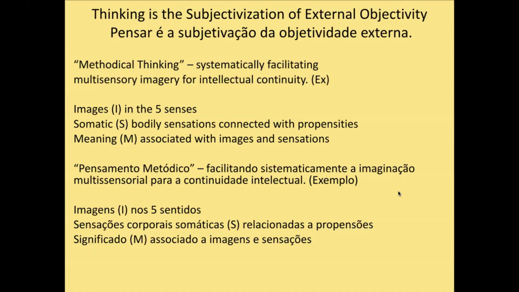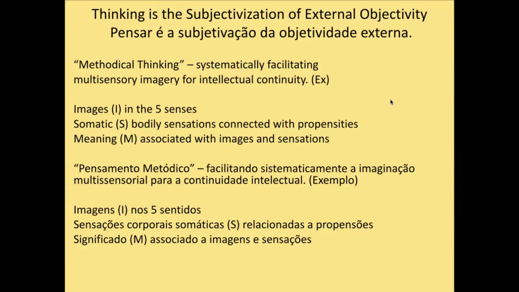So thinking is a subjectivization of external objectivity. What this means is that we start with the external object and we internalize it. It's called methodical thinking, systematically facilitating multisensory imagery for intellectual continuity. We can imagine this as images in the five senses: hearing, seeing, smelling, tasting, and touching.